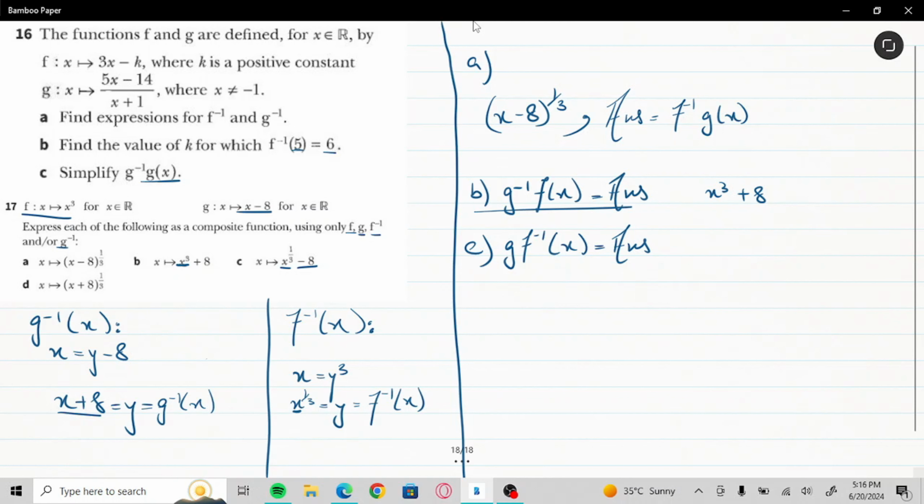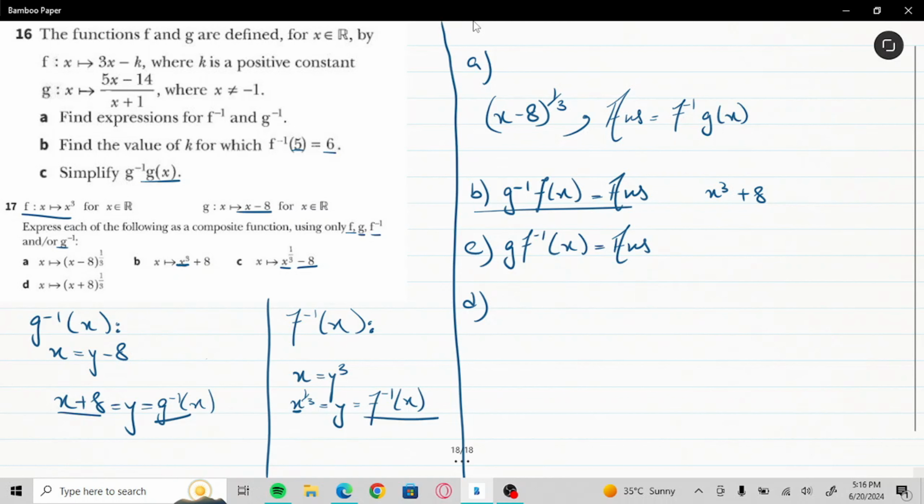Now the next step is part D. Part D tells us to find the expression of x such that (x + 8) to the power 1/3 is the answer. What do we have to do? We have x + 8 is g inverse of x, and x to the power 1/3 is f inverse of x. So we input the value of x + 8 into x to the power 1/3.